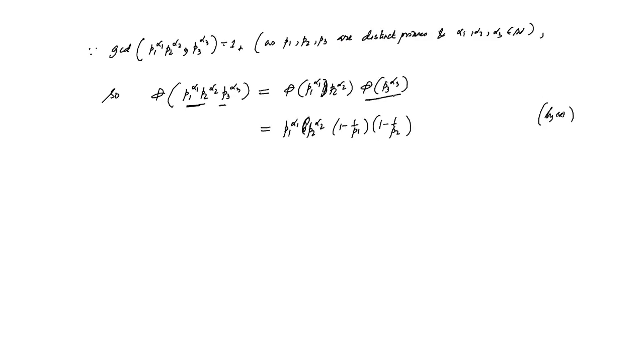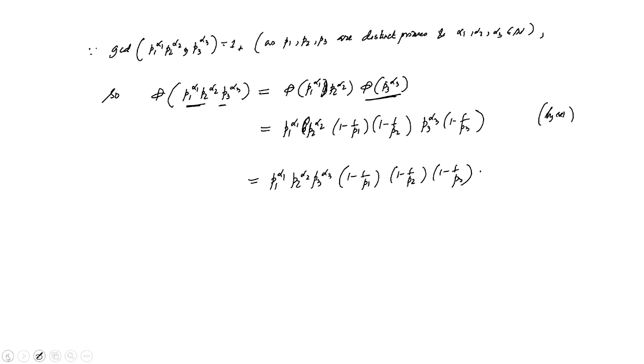And phi of p3 to the power alpha 3 will be p3 to the power alpha 3 into 1 minus 1 by p3. So what we get is p1 to the power alpha 1, p2 to the power alpha 2, p3 to the power alpha 3, 1 minus 1 by p1, 1 minus 1 by p2, 1 minus 1 by p3. If we continue this process up to k times, obviously we will get the result.